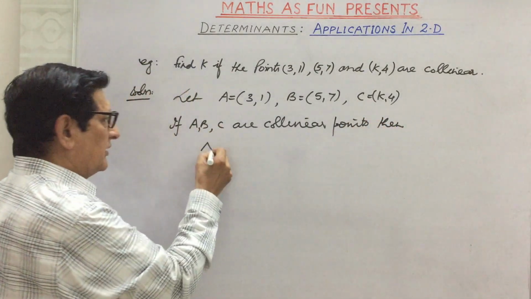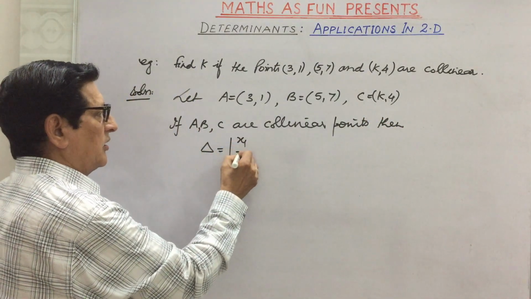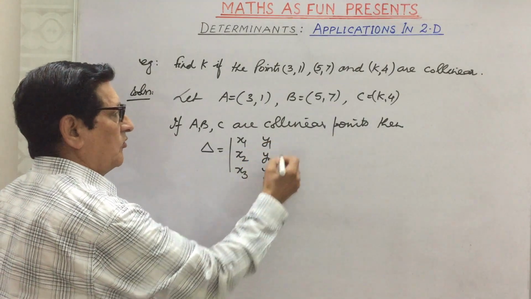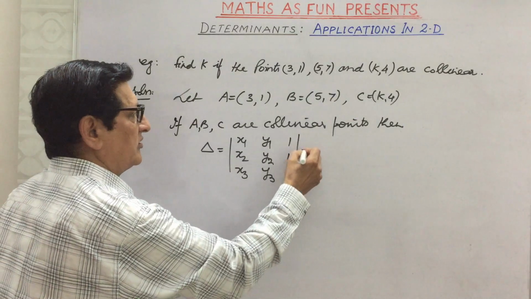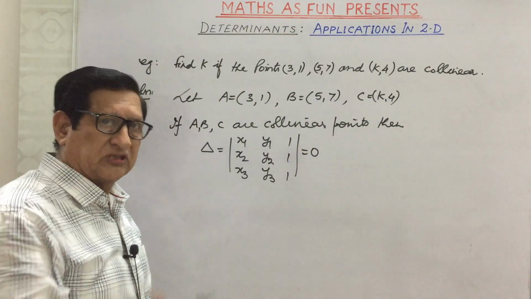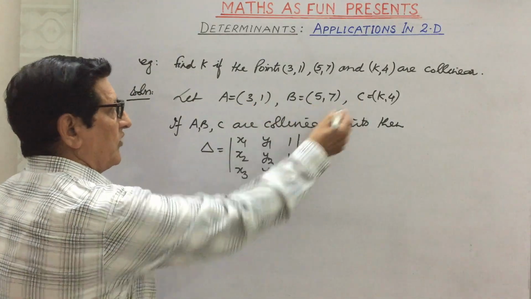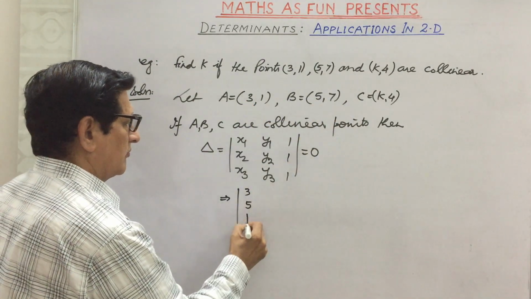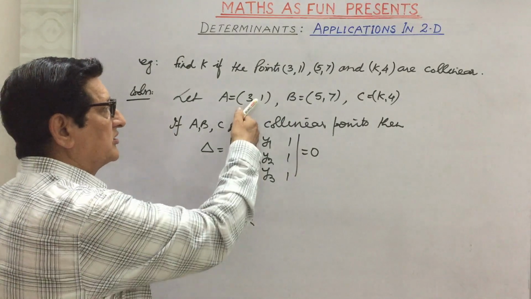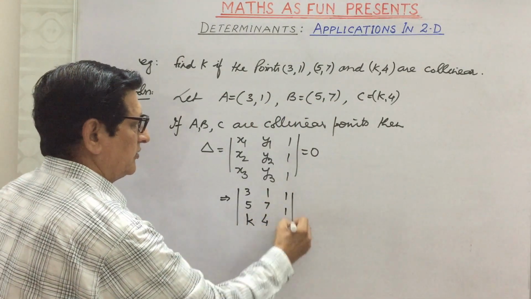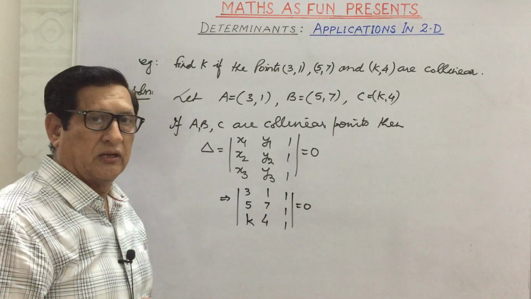then delta, that is x1, x2, x3, y1, y2, y3, 1, 1, 1 is equal to 0. Substituting the values, we get here 3, 5, k. Y coordinates 1, 7, 4 and 1, 1, 1 is equal to 0.